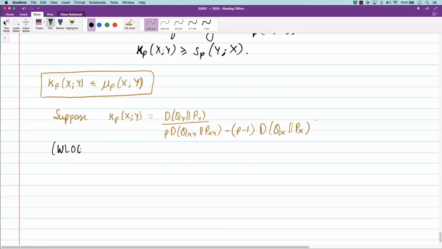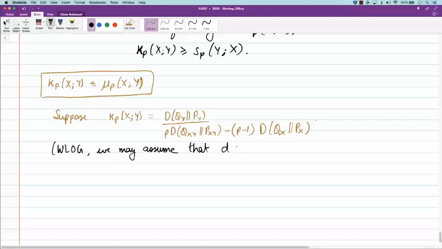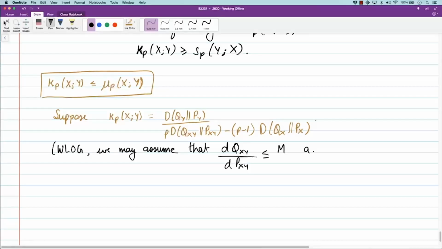Without loss of generality, we may assume that this guy here is less than or equal to some large constant m, almost surely, with probability 1. We can assume that it's bounded. This boundedness will be used in our proof.